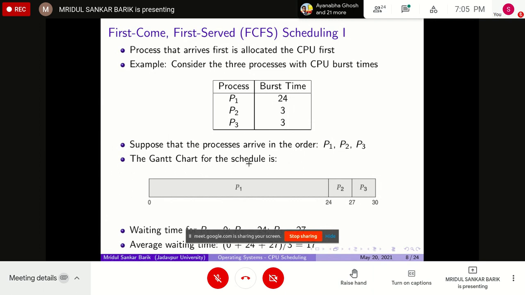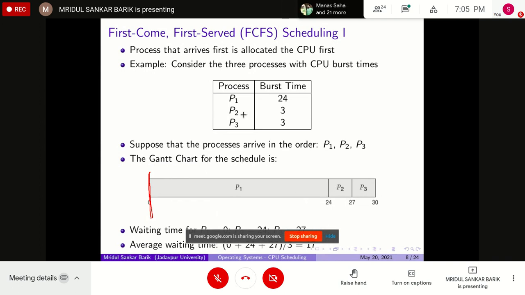The Gantt chart for this schedule is as follows. They have all come at time 0, so which process would be scheduled first? The process that came first, P1, would be given the CPU first, and it will use the CPU for 24 time units.